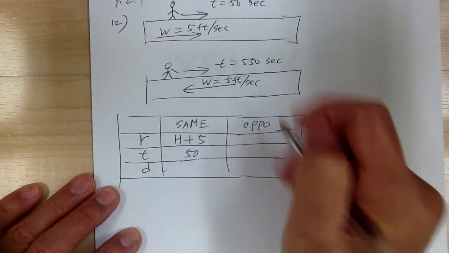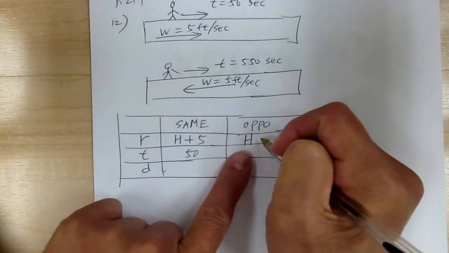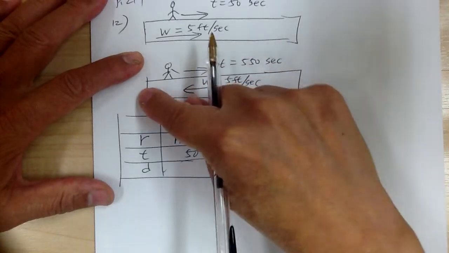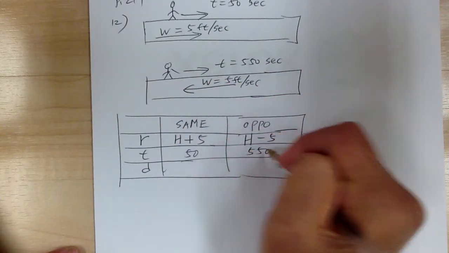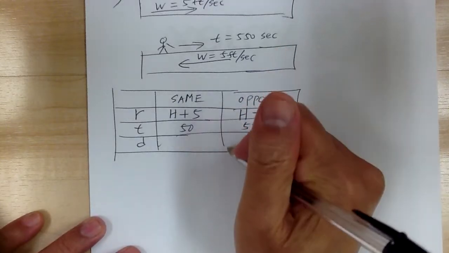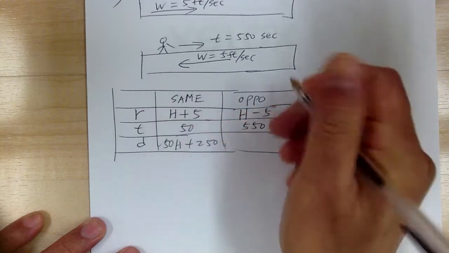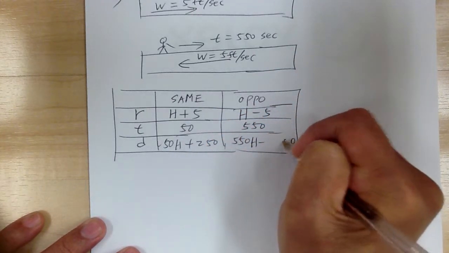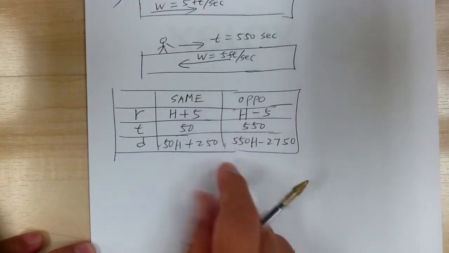Okay, and when it's going opposite, then it would be Hugh's speed minus 5, because whatever she's walking, the walkway is going to push her back 5 feet per second. And it will take 550 seconds. Okay, now you multiply. So you got 50h plus 250. Over here you got 550h minus 2750.